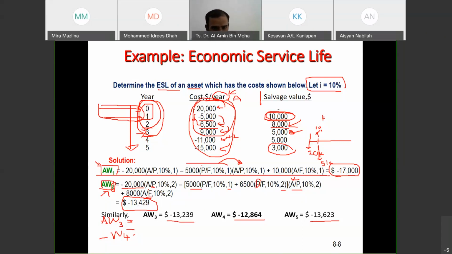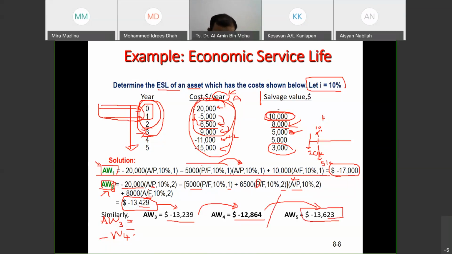Okay, so we see 17,000, and then it goes down to 13,429, and then still goes down to 13,239, and it goes down to 12,864, and at year 5, the cost increased to 13,000. So we are going to cut here.